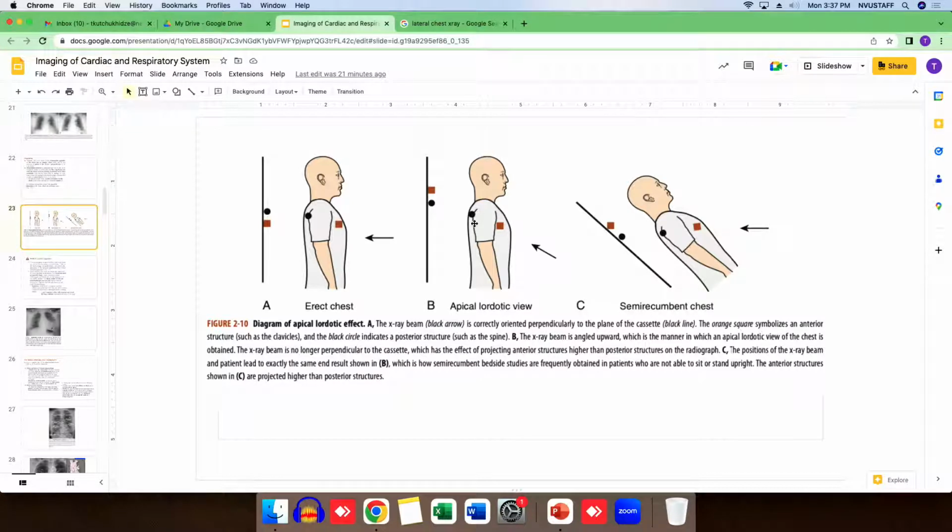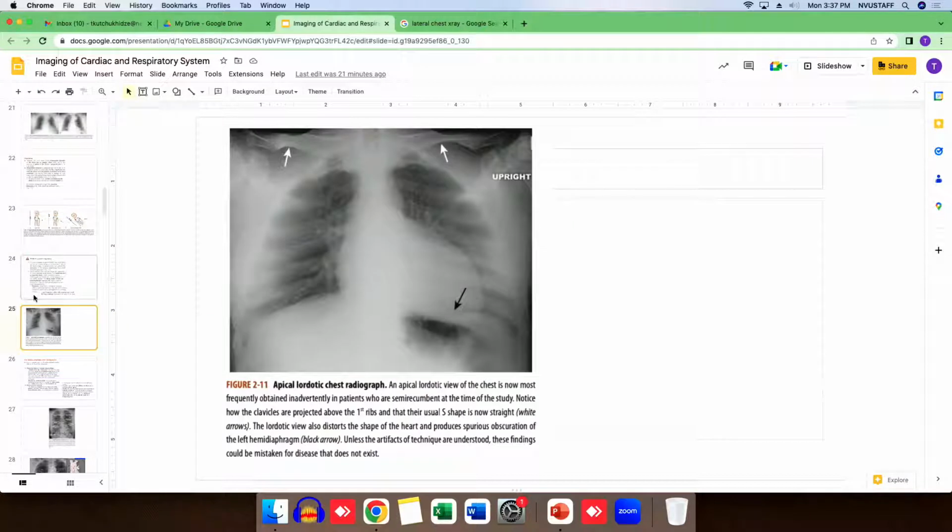If we see a semi-recumbent chest X-ray, the hemidiaphragm part will be seen really well. However, the upper part won't be seen really well. So here we have an apical lordotic chest X-ray, and this is more visible than the semi-recumbent position for us.